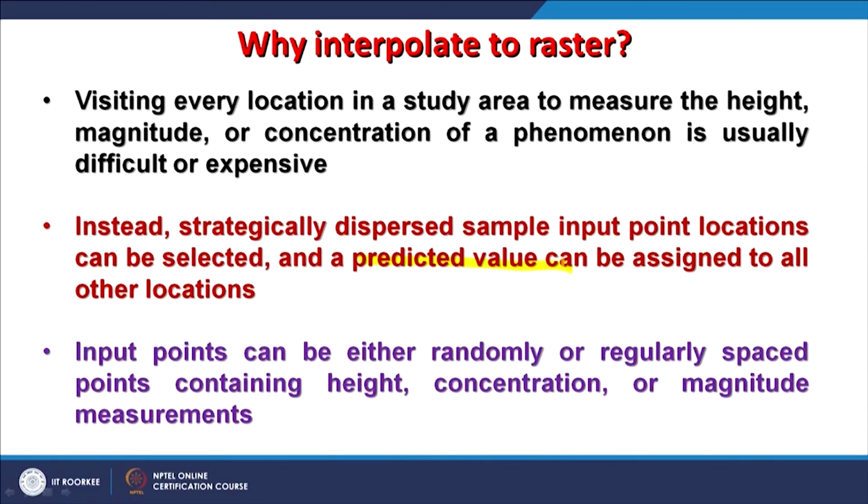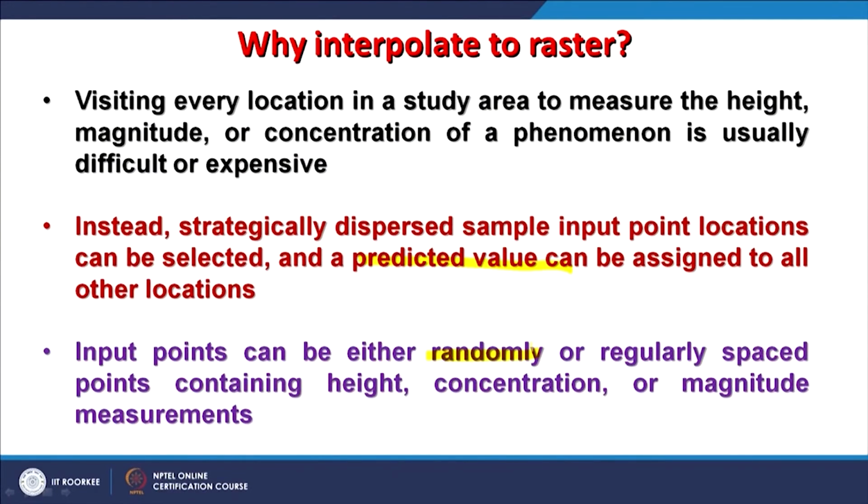Interpolation starts with a belief. If you do not have that belief that things are what it is predicting, then the only solution is to go and check in the field if it is possible. If it is not, then you have to rely on some interpolation techniques.